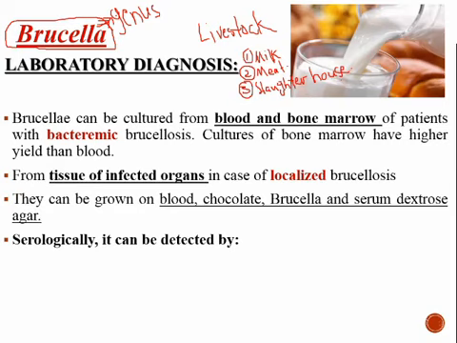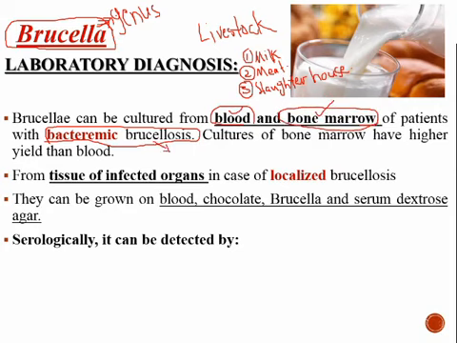Initially in the infection, the Brucella is present in the blood. This phase is called bacteremic brucellosis. It is present in the blood and also in the bone marrow.